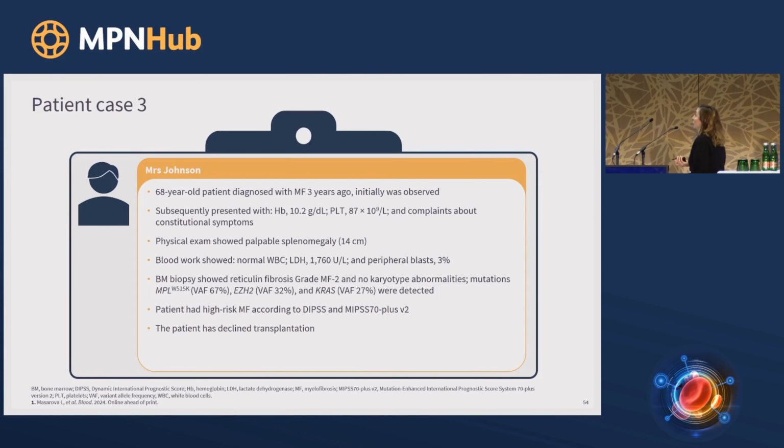She does not report significant constitutional symptoms, even if the physical examination showed a huge splenomegaly with 14 centimeters from the costal margin, and she was mutated in the MPL gene, EZH2, and KRAS, and the CBC showed a mild anemia and a moderate thrombocytopenia. Also in this case, the patient refused transplant.